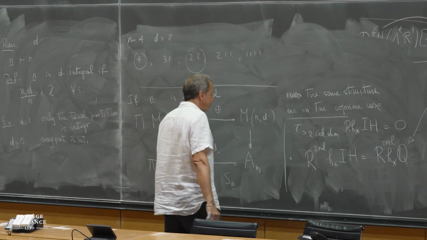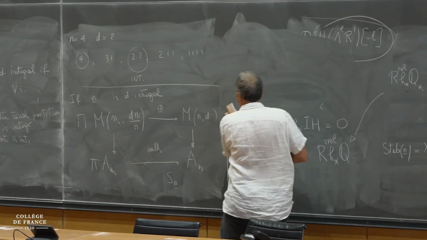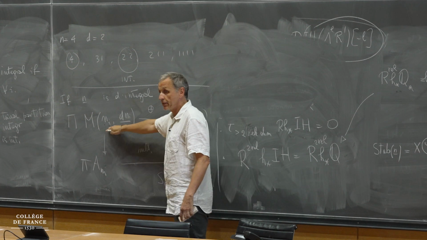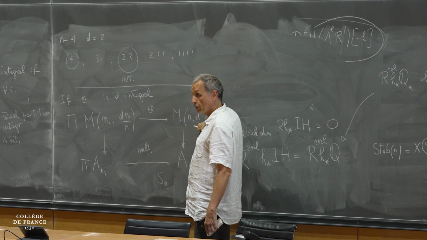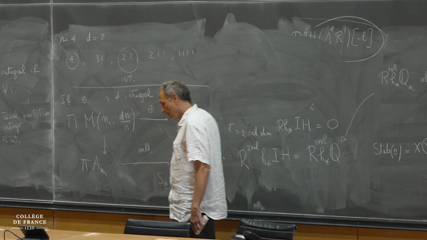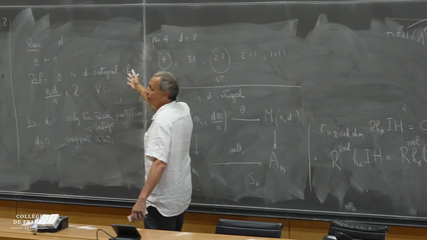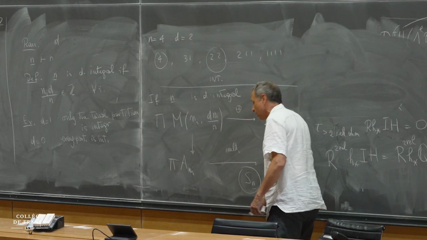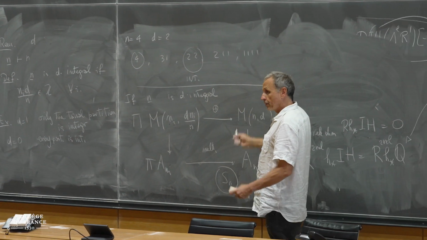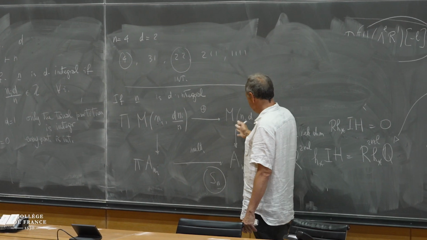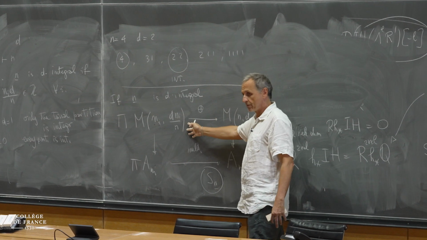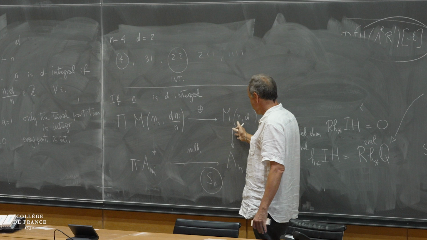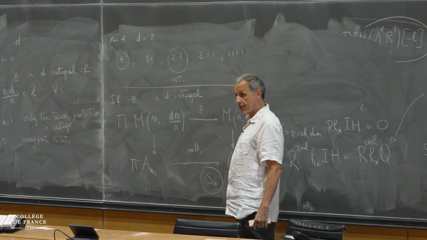And the singular locus of M_{n,d} is precisely given by the union of these images. So a partition is d-integral if the corresponding stratum in the base contains a whole stratum of singularities here. Well, to have a real stratification, it should be refined a bit.